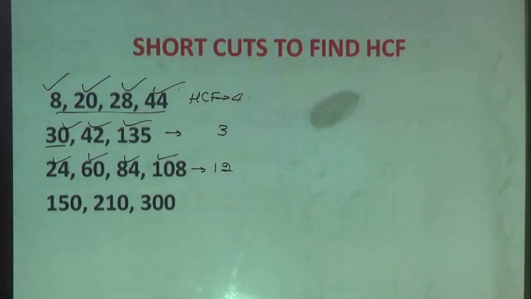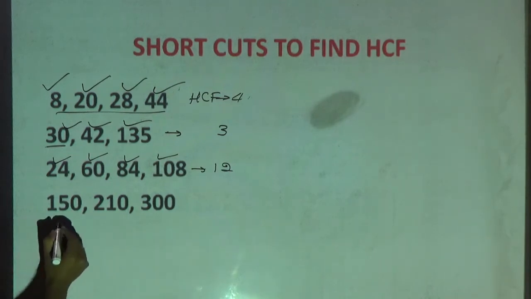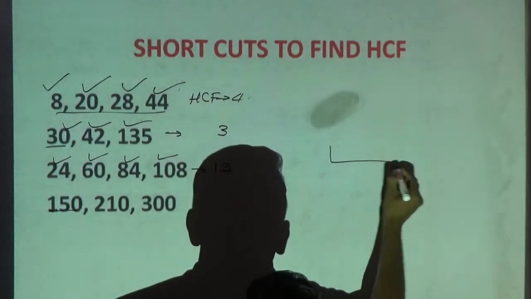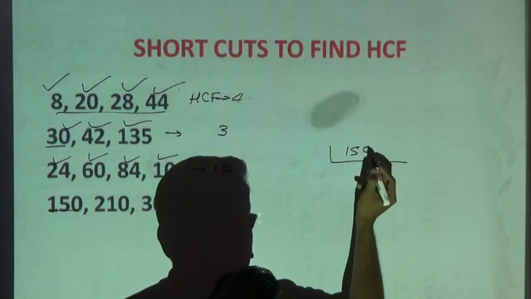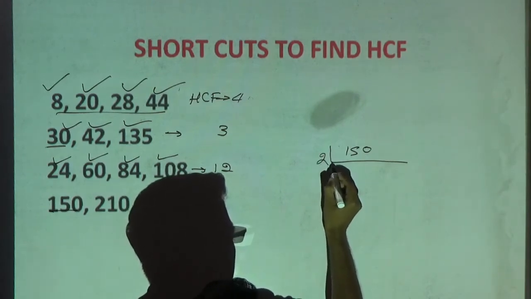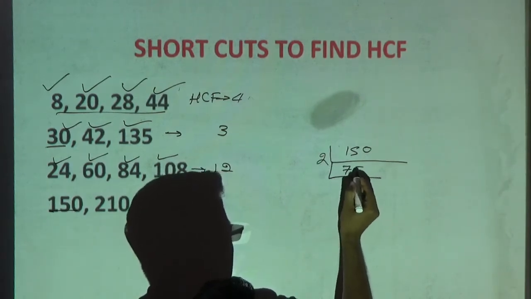Now, the next problem. I need to find out HCF of 150, 210 and 300. Which is the smallest number among all the three here? The smallest number is 150. I will divide from 2 now. 2 7s are 14, 2 5 times.